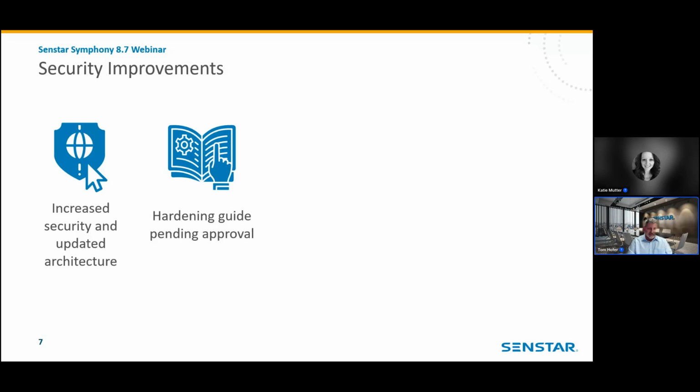A hardening guide, in case you're not aware of it, is a set of best practices and recommendations that are designed to enhance the security of your system, your network, and your application, as well as the operating system. So we have this and it basically reduces the risk for you. So we recommend to use this.